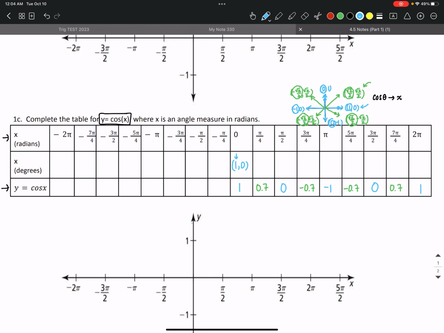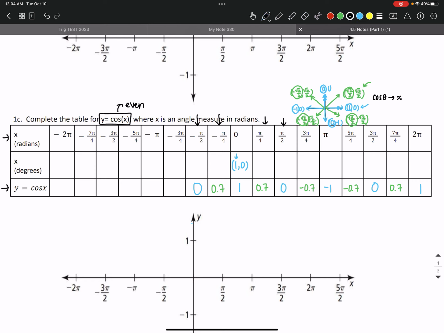Cosine is an even function, which means that if you have the positive version of an angle, it's going to give you the same answer as the negative version of that angle. So if I do cosine of pi over 4 and I get 0.7, then cosine of negative pi over 4 is 0.7. If I do cosine of pi over 2 and I get 0, then cosine of negative pi over 2 is also 0.